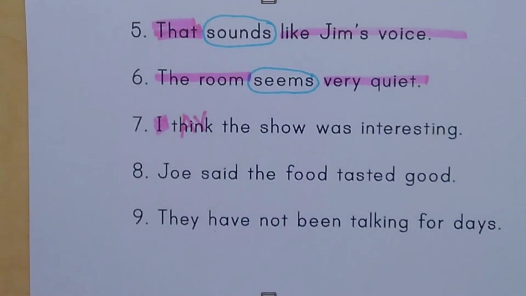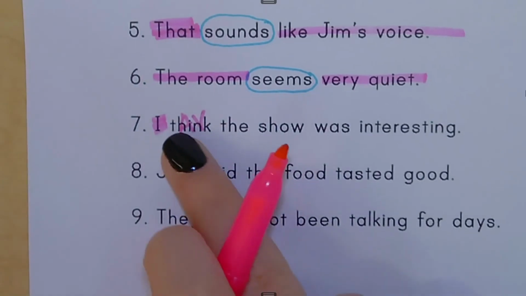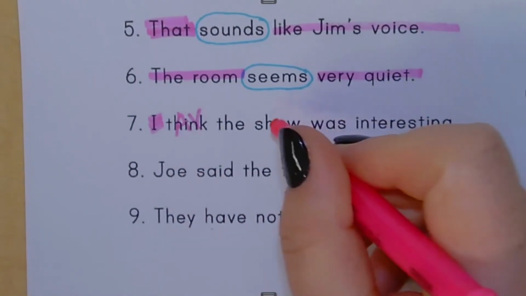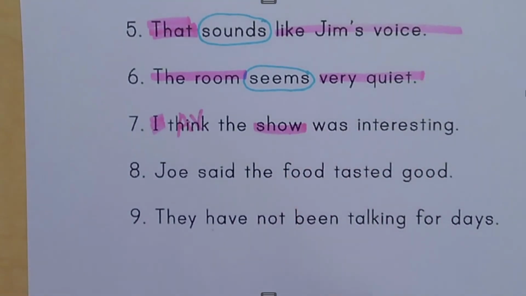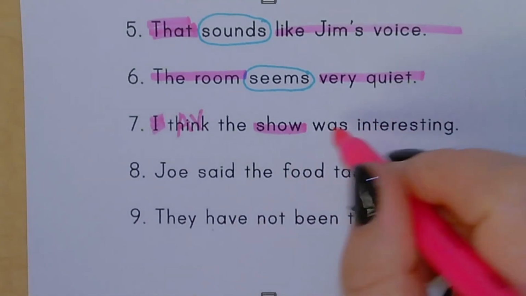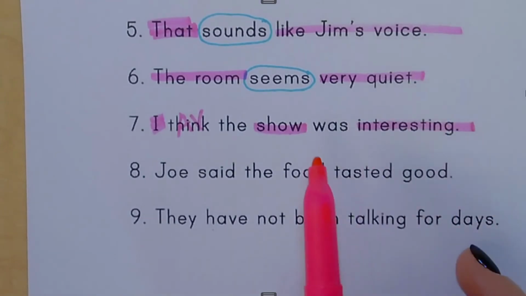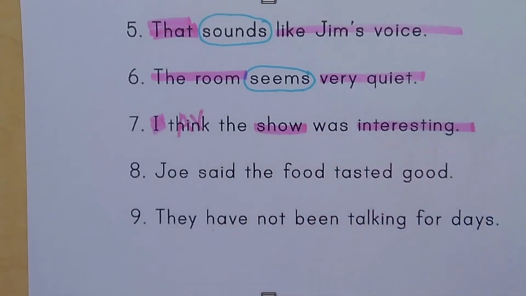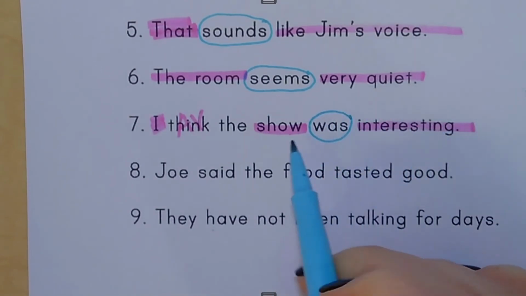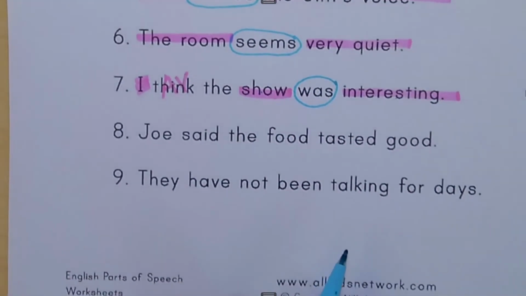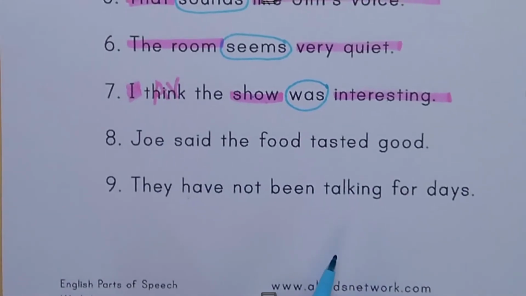I'm going to put AV on it. So let's look at the next subject we're talking about. The show. The show was interesting. Okay, so what about the show? Interesting. The show equals interesting. Was is your linking verb. It's linking the show to interesting, its state of being.